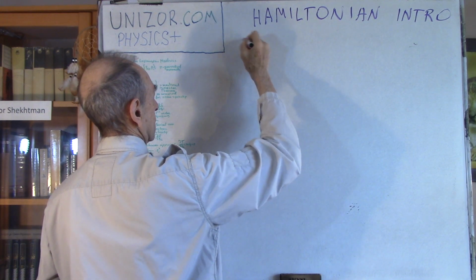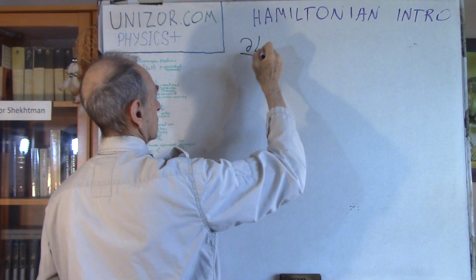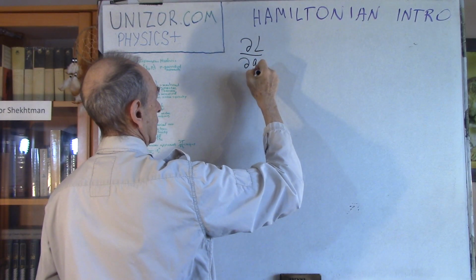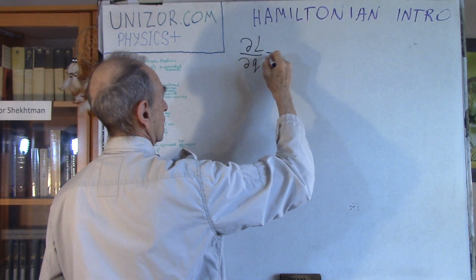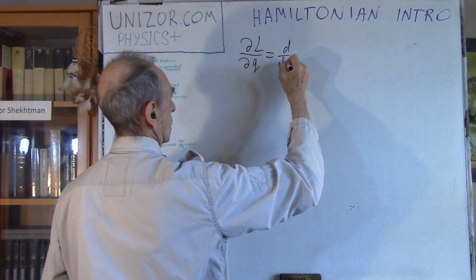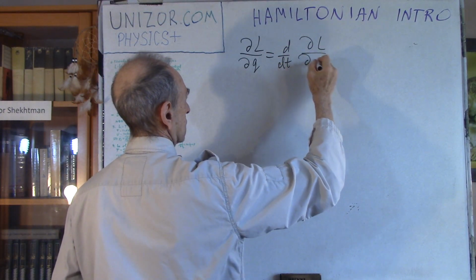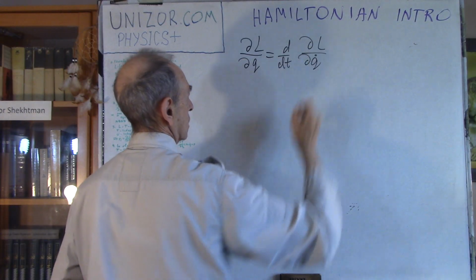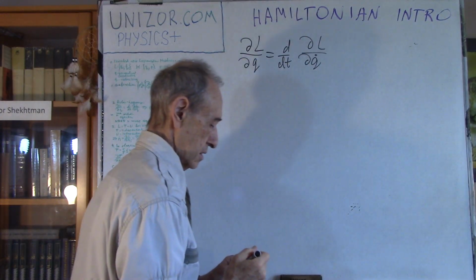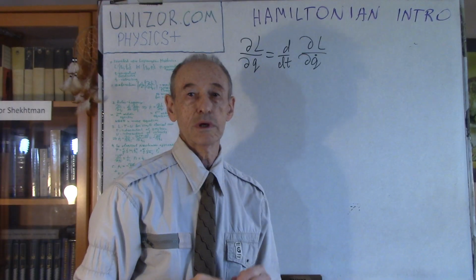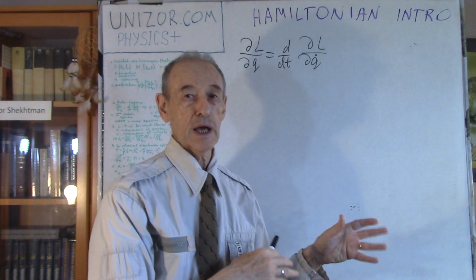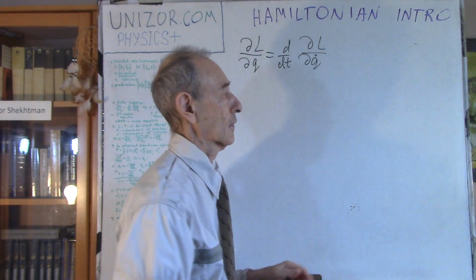It's partial derivative of Lagrangian by coordinate is equal to time derivative of partial derivative of Lagrangian by generalized velocity. So this is the main Euler-Lagrange equation, which we basically derived many times, explained, etc.